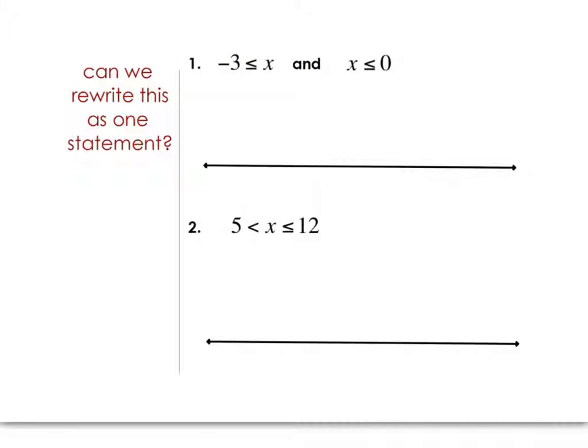So let's look at this first one. It says x is greater than or equal to negative 3 and x is less than or equal to 0. So if I have negative 3, negative 2, negative 1, 0, 1, 2.